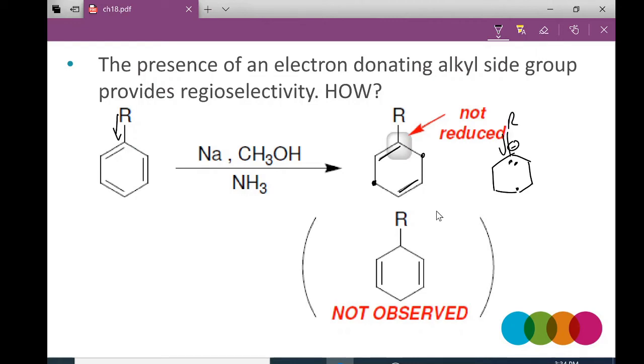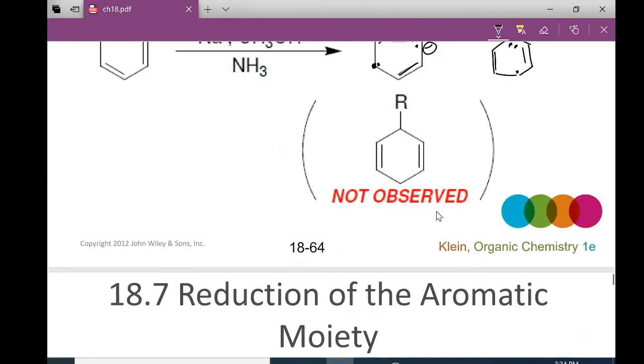So if that R group is donating electron density into that radical anion, it's going to destabilize the radical anion, and that's not going to be stable, and so the radical anion is going to end up in the mechanism adjacent to the alkyl group, so that when it's donating electron density in, it will not interfere with the radical anion that forms.